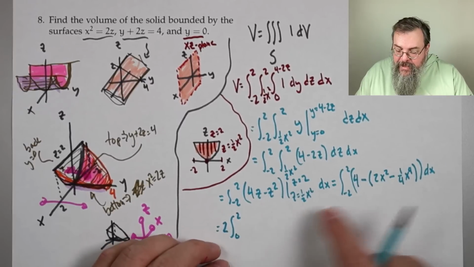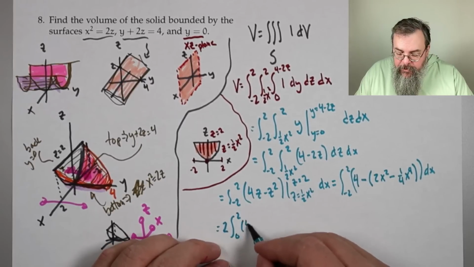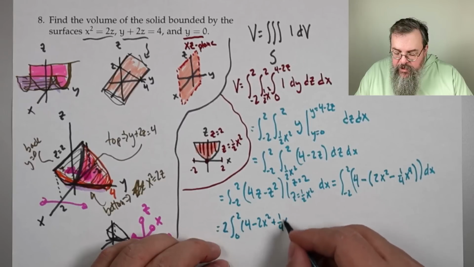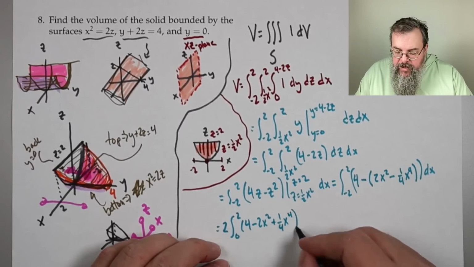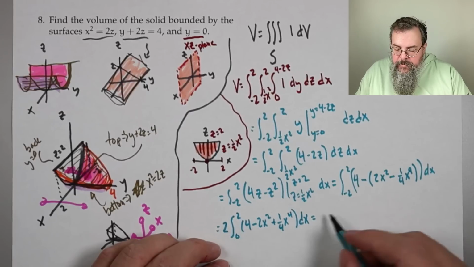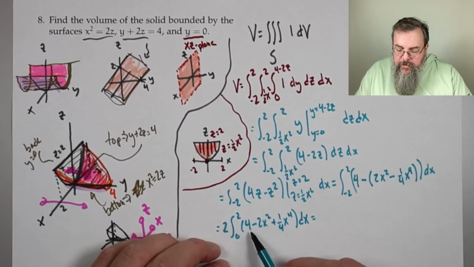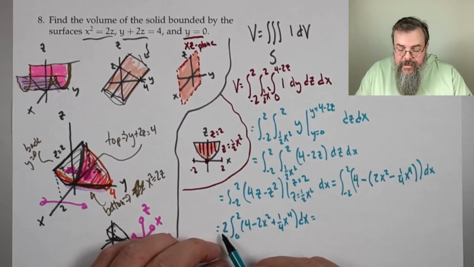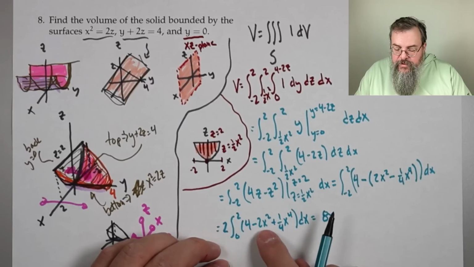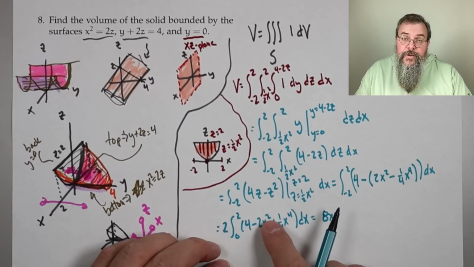So that's good. So then we have our 4 minus 2x squared, minus minus makes plus 1/4 x to the 4th. Okay. So we integrate, and we'll also put in the 2. Integral 4 is 4x times 2 makes 8x. Integral of 2x squared, well, that'll be 2/3 x cubed.